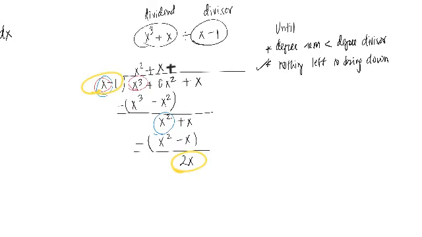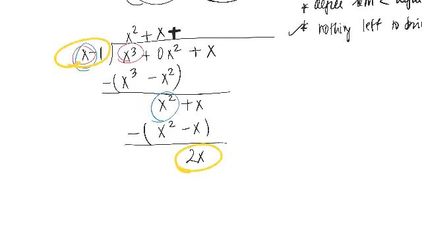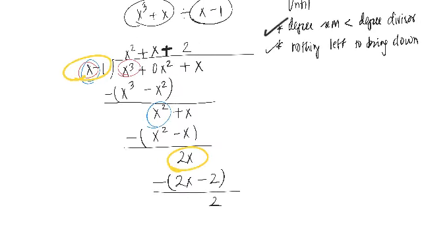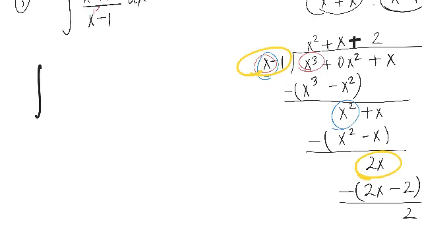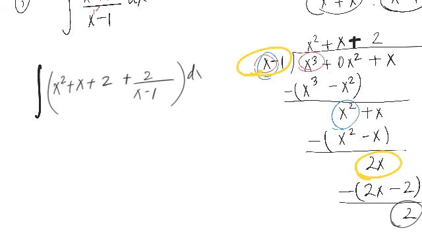So I add a plus 2 now up here, again dividing the 2x by the x, multiply, subtract, and I'm left with a 2 on the bottom. So now I have, of course, nothing left to bring down, and the degree of the remainder, 2, is less than the degree of the divisor. So now I can stop, and I can go back into my integral and rewrite it as x squared plus x plus 2 plus 2 from down here, remainder over divisor, and all of that dx.